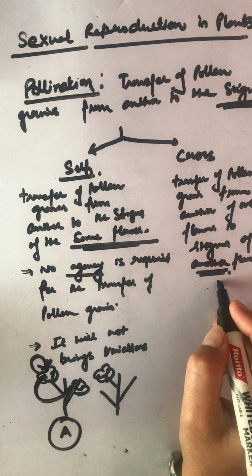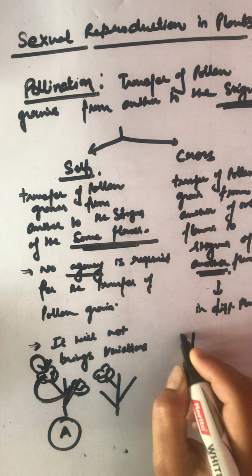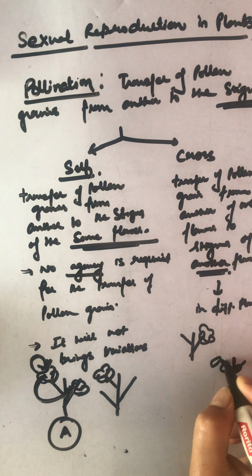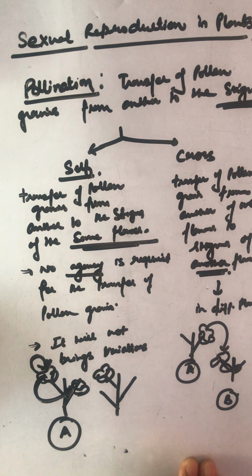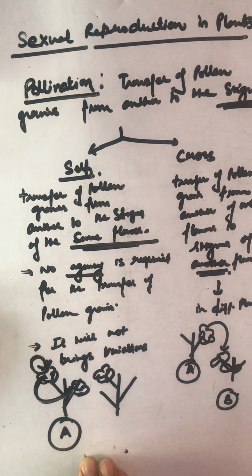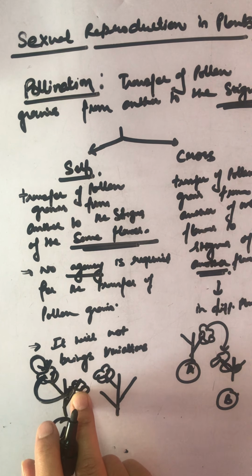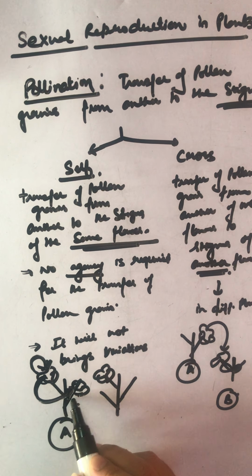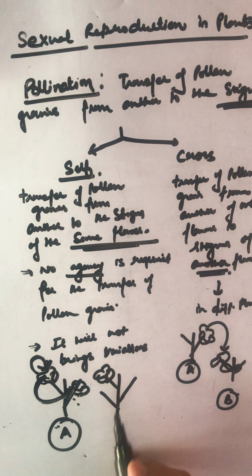And this one particularly in different plants, right? From here to here, A to B. Here, this one, it involves the transfer of pollen grains from the anther of a flower to the stigma of the same flower or to the stigma of another flower but borne on the same plant.